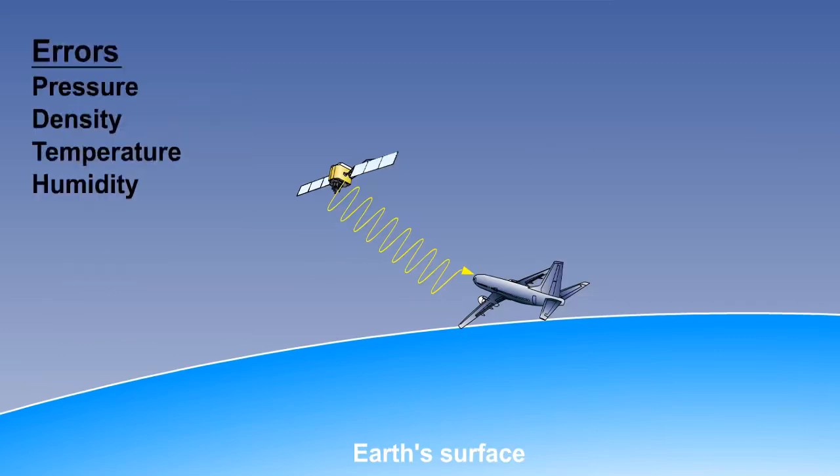Tropospheric conditions can affect the propagation of radio waves, so pressure, density, temperature and humidity all have to be taken into account. Internally generated receiver noise can affect accuracy by 0.3 meters. Multi-path errors caused by reflections from the ground or parts of the aircraft can cause errors of 0.6 meters.